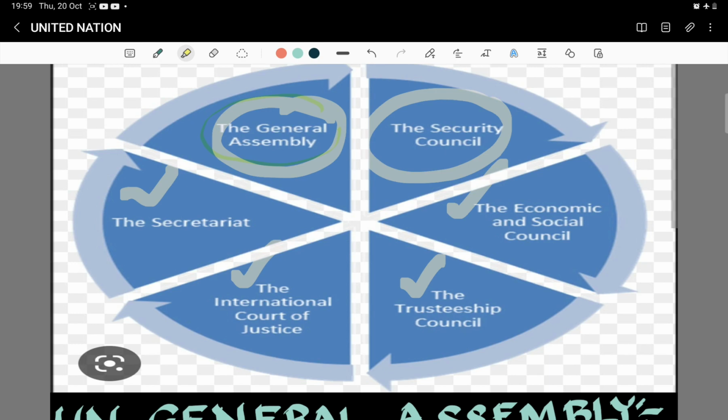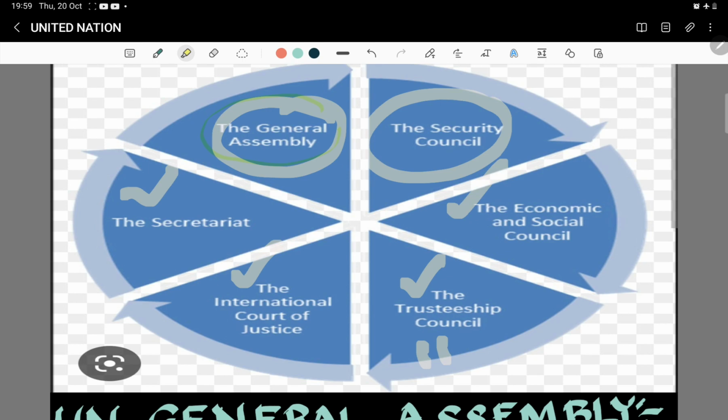The Economic and Social Council is the organ charged with coordinating the economic and social work related to the United Nations missions. The Trusteeship Council provides international supervision for 11 trust territories.